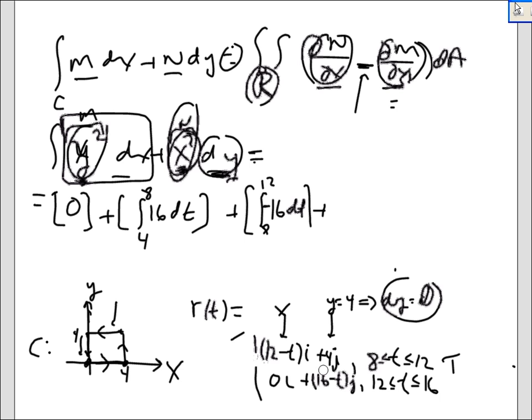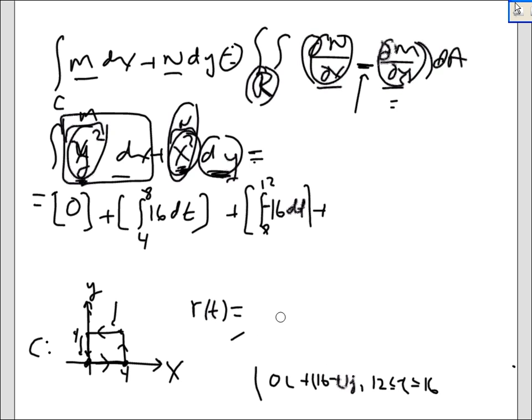Now, let us look at the last piece, the left-hand side. X is 0. So therefore, since it's constant, not so much 0, but constant, that means dx is 0.